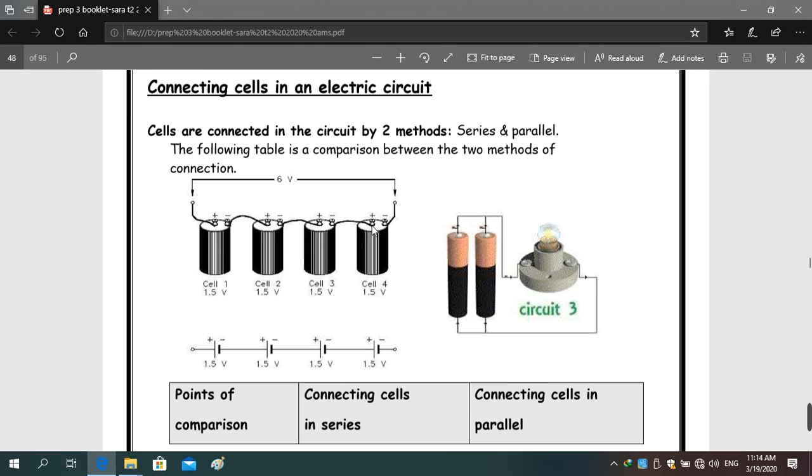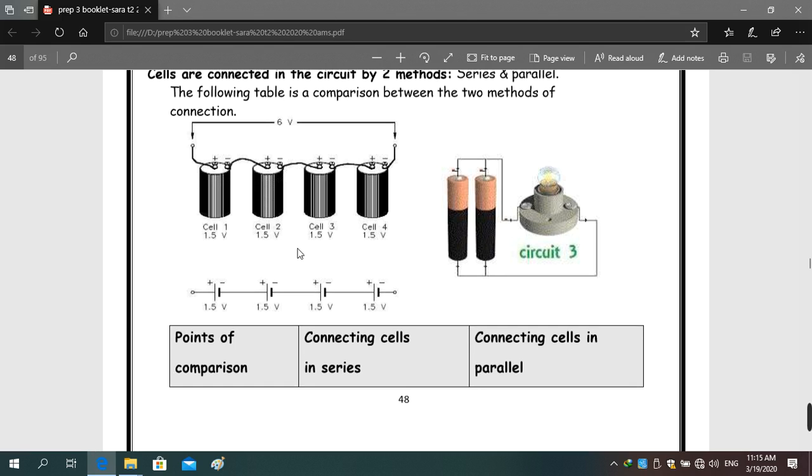A positive pole is connected to the negative pole, and the positive pole in this cell is connected to the negative pole in the second cell, and so on. We can represent this figure by drawing the cells like this: negative, positive, negative, positive, negative, positive, negative, positive. This connection is called a series connection.